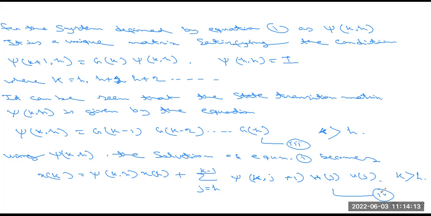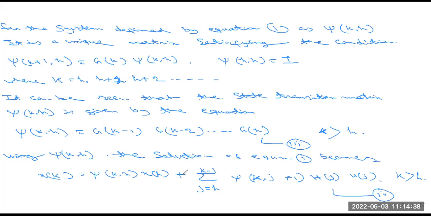Now in the previous equations, on the right hand side, there is the contribution of the initial state x of h, and the current state x of k, where k is greater than h. Here are the input terms.